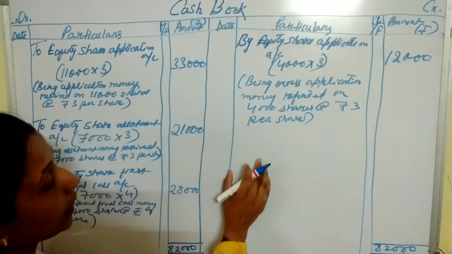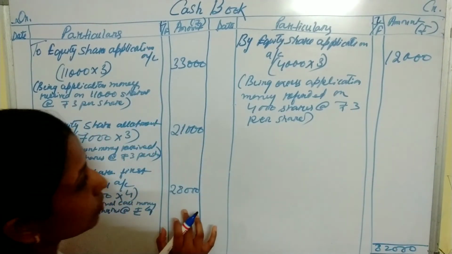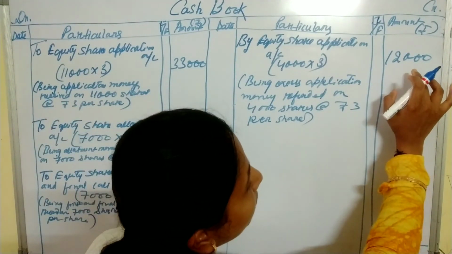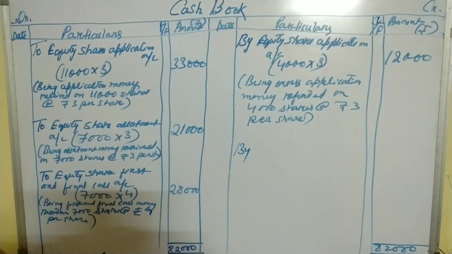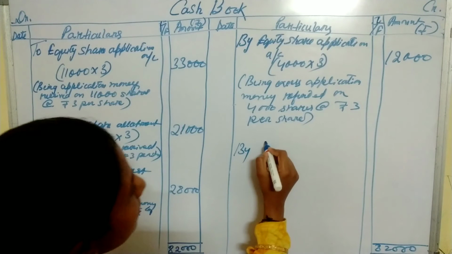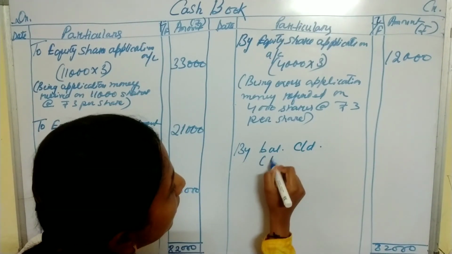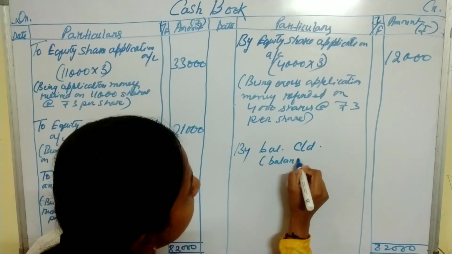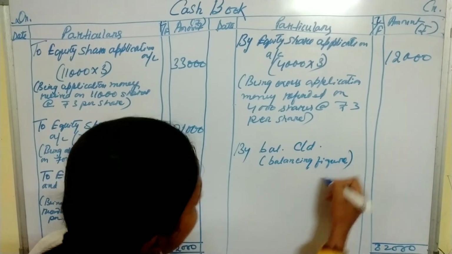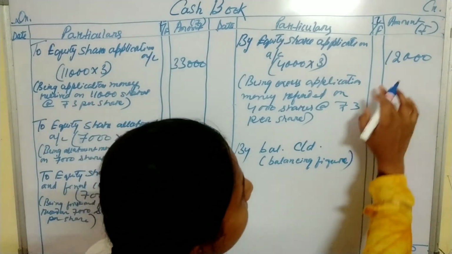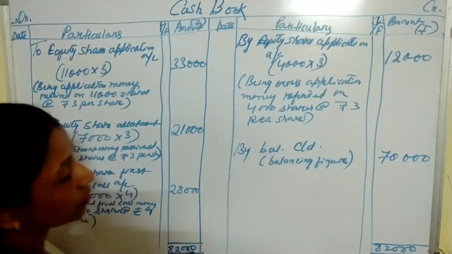Now, our lesser side is this one. So from 82,000 we will deduct this 12,000, and here we will write by balance c/d, that is carried down. Here we will write balancing figure. So 82,000 minus 12,000, that is 70,000.